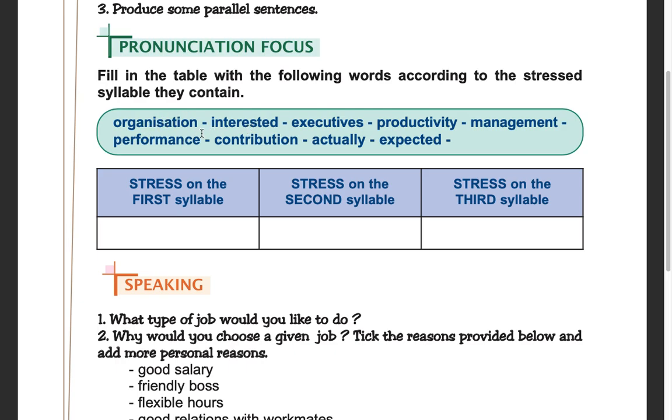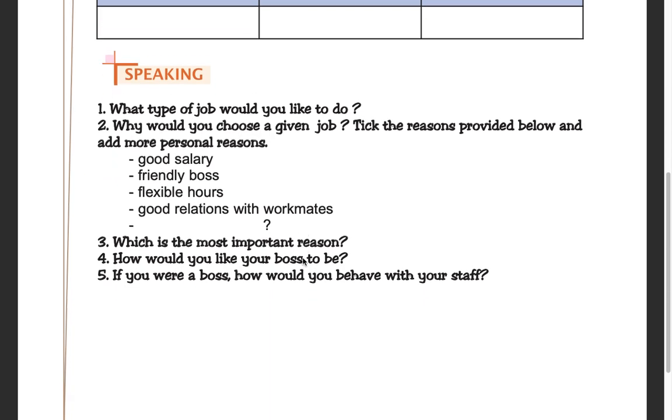If you stress the first syllable, which is "pro", it is one word. If you stress the second, it is a totally different word. That proves the importance of stressed syllables in speaking clearly and in a more natural way. If the word is very long, you may have more than one stressed syllable. I'm not going into that, just to make the video shorter.